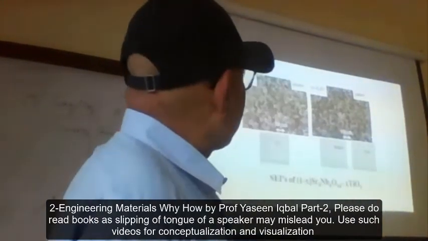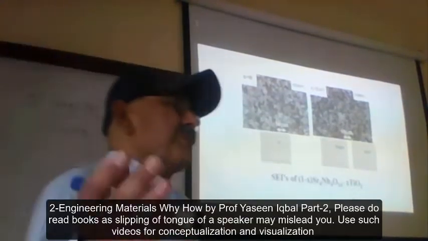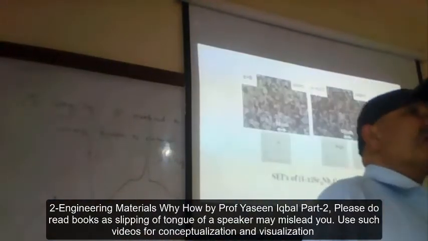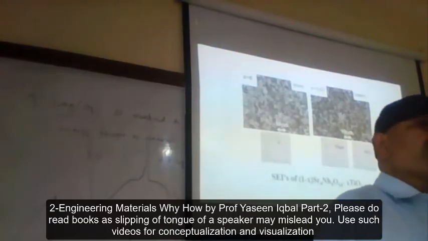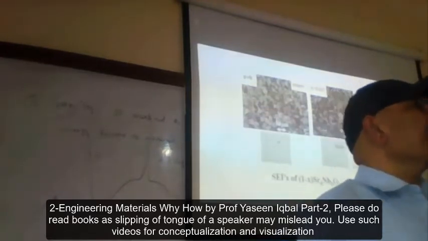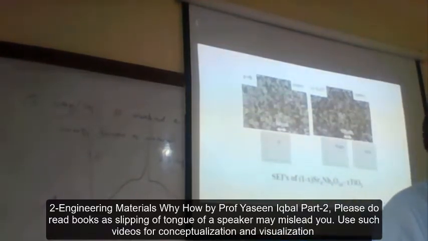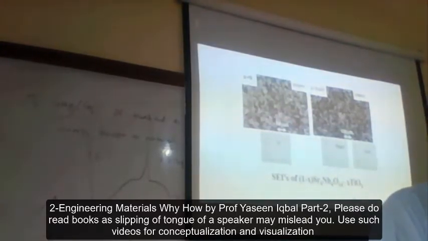Now, looking into these grains, people say that the grain size was this much; you will have to measure the dimensions of many grains so that you can get a statistically defendable number when you report it.